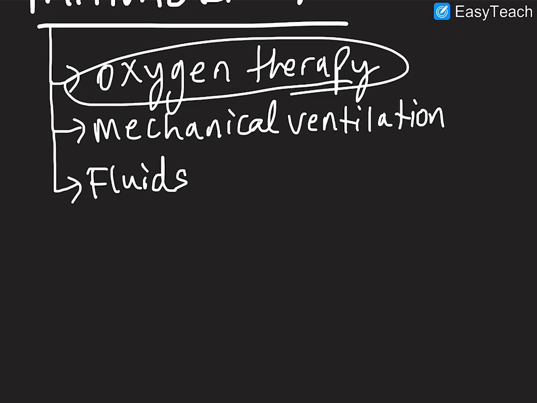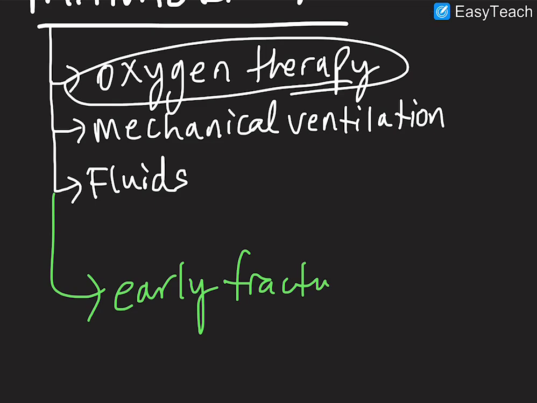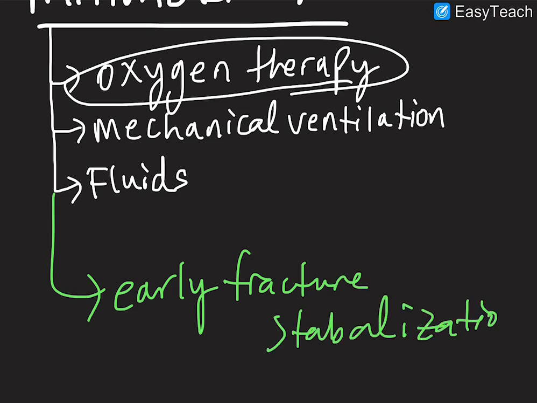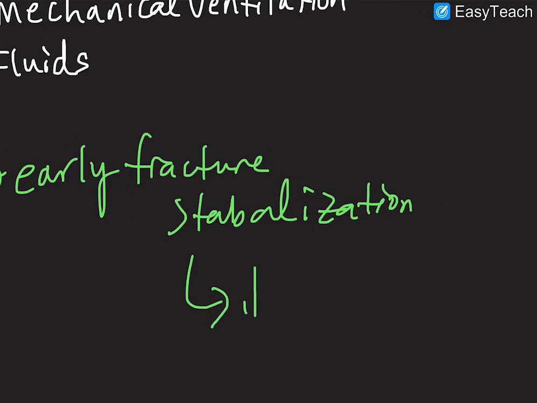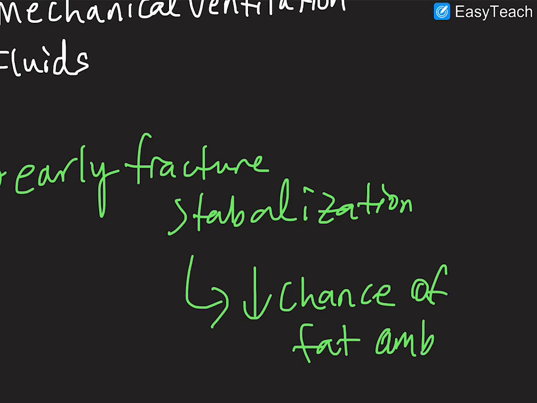So early fracture stabilization would be another important thing to keep in mind, because if you splint this traumatic injury as quickly and efficiently as possible, this will reduce the movement of that limb, which means reduced chance of fat emboli, reduced chance of these fat globules entering your bloodstream. Okay, so that's one benefit of stabilizing an injury like that.